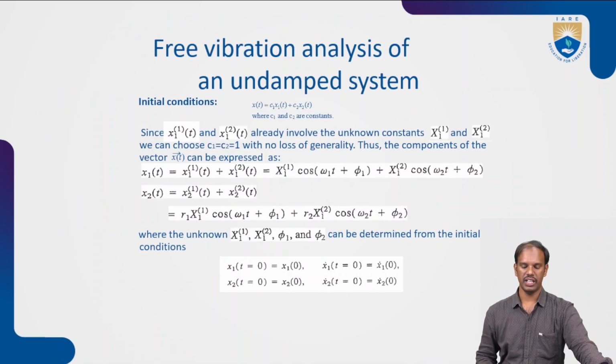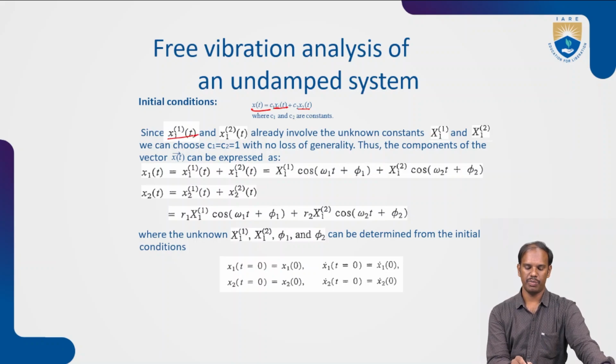So in this initial condition, x of t equals c1 of x1 of t plus c2 of x2 of t, where c1 and c2 are constants. So here x1 of t and x2 of t we can take as the initial conditions for the movement of this undamped system, since they already involve the unknown constants.